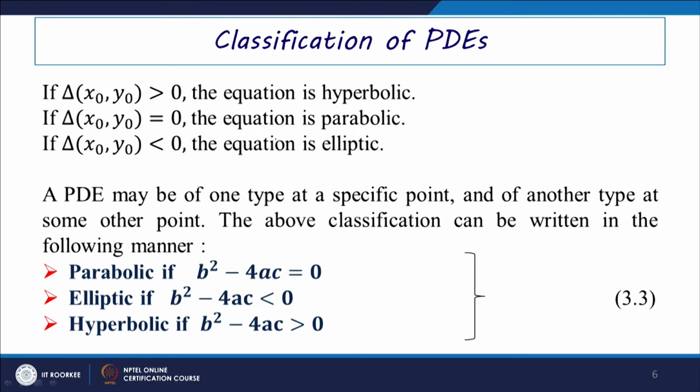In mathematical sense, if b square minus 4ac is 0, the system is said to be parabolic; if b square minus 4ac is less than 0, the system is elliptic; and if it is greater than 0, it is hyperbolic. That is why a partial differential equation may be of one type at a specific point and of another type at some other points also.